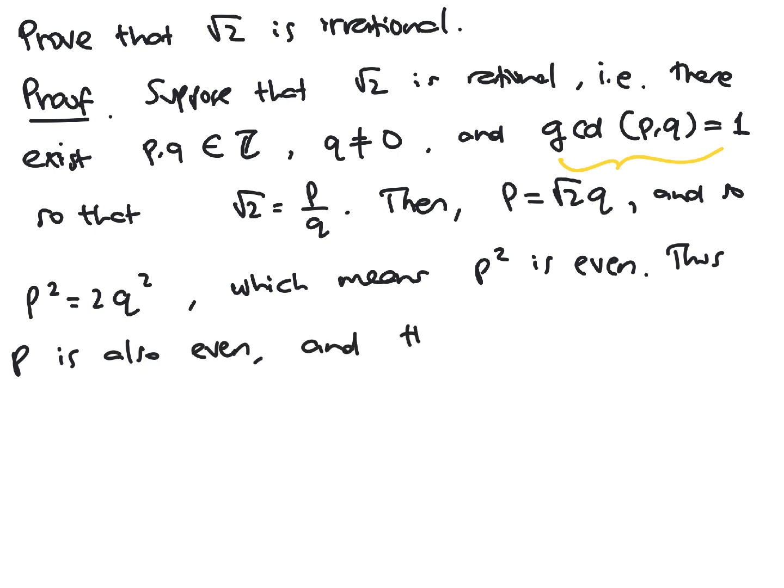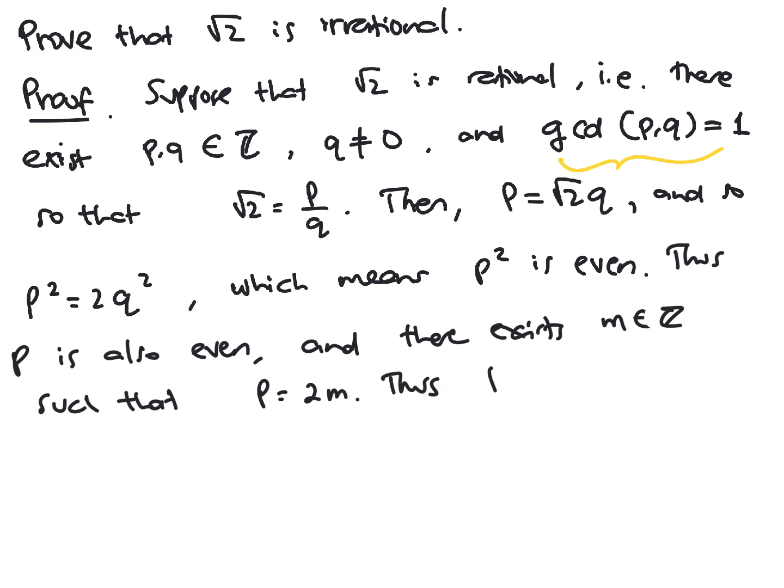And there exists an integer m such that P is 2 times m, okay? So P squared is equal to 4m squared, right?